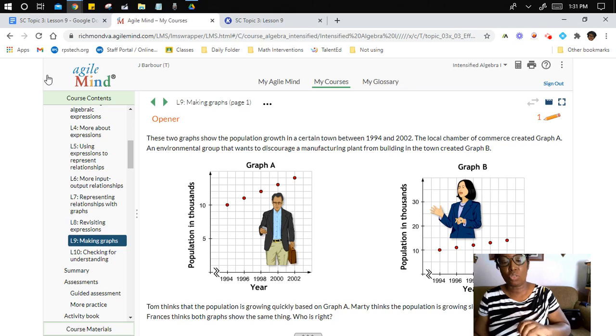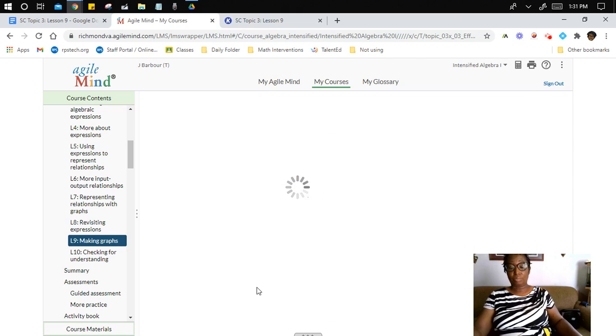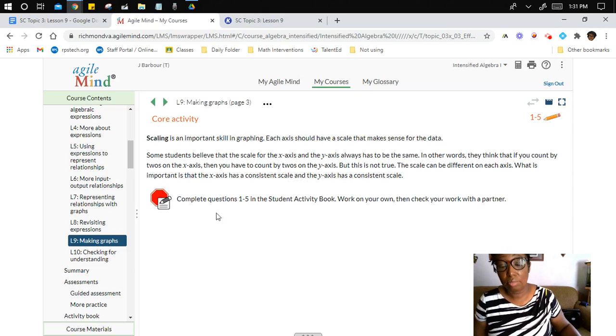They just decided to use a different scale for the y-axis, which is population in thousands. Let's go back to page 3. Complete questions 1 through 5 in the student activity book. Work on your own, then check your work with your partner.